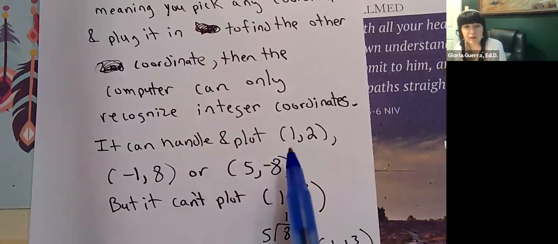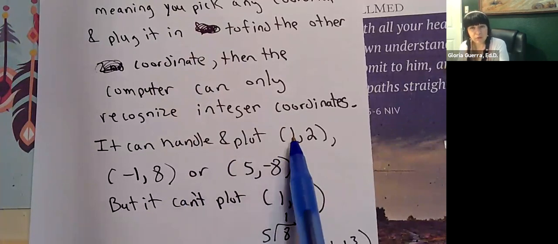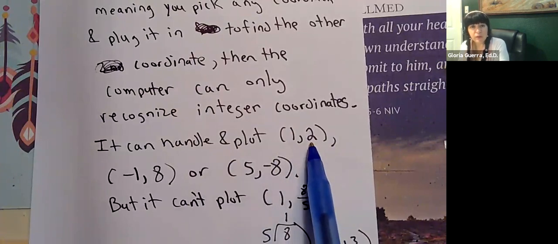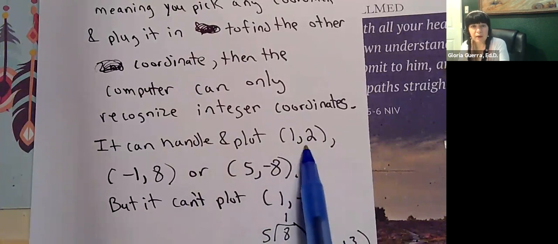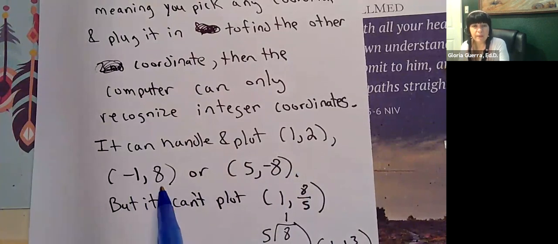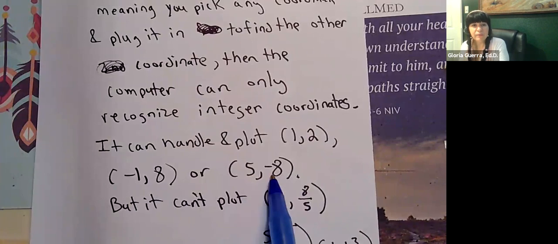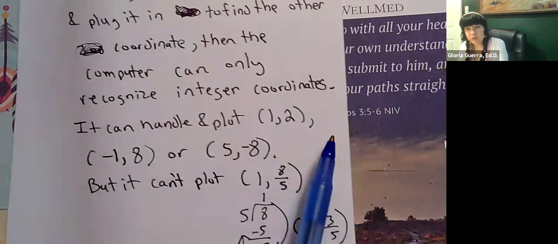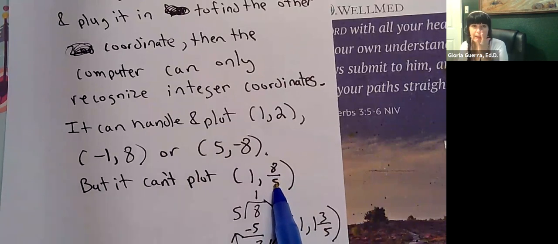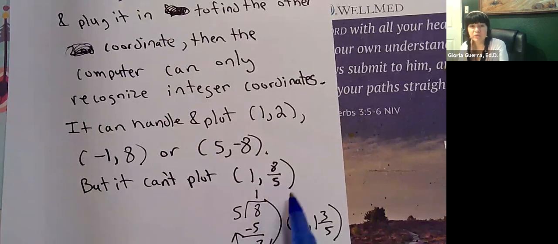So if you let x be 1 and plug it into the equation and end up with y being 2, it can show you that. It can handle (-1, 8). It will show you (5, -8). But if you plug in 1 and let's say you get the fraction 8/5, they didn't make an answer key for coordinates that end up being fractions or decimals.